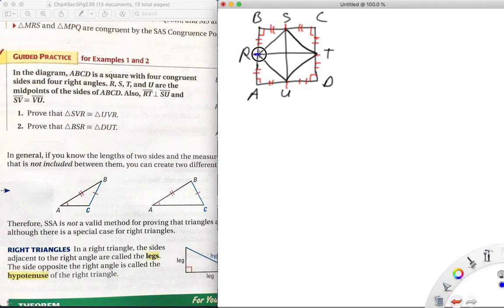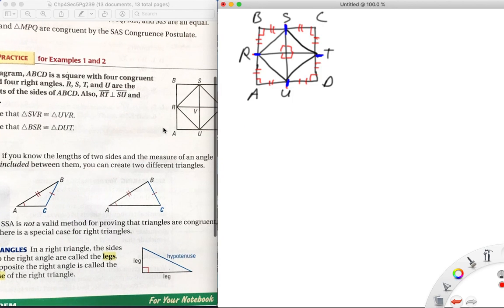So the whole sides are congruent, and then the little sides in between are congruent. Then we're also told that RT is perpendicular to RS. So all these guys are perpendicular. It's a lot of information.